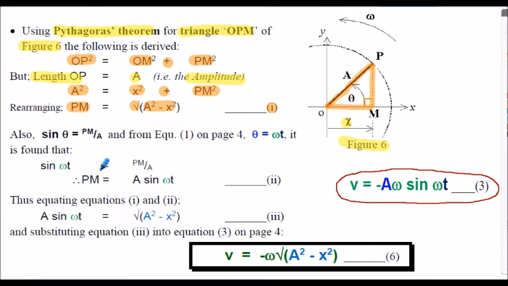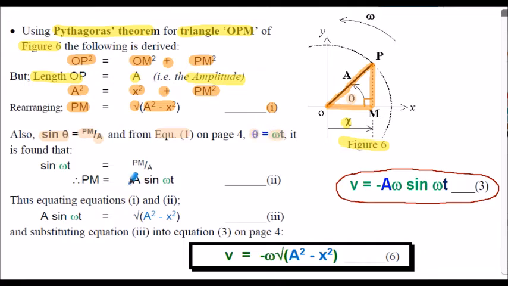We can also apply basic trigonometry to this right angled triangle, noting that the sine of angle theta is equal to the opposite side PM divided by the hypotenuse A, and also recalling from equation 1 we derived previously, the angle theta is actually equal to omega t.